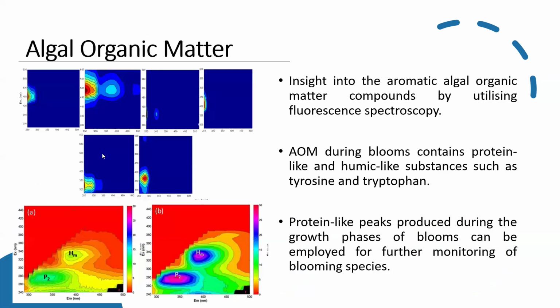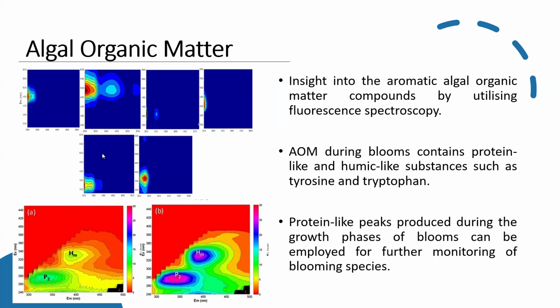Now, these research articles provide important insight into the aromatic algal organic matter compounds by utilizing fluorescence spectroscopy. The authors highlighted that fluorescence spectral analysis of algal organic matter during blooms contains protein-like and humic-like substances such as tyrosine and tryptophan. In the marine environment, algal organic matter accumulation varies based on the particular blooming microalgae species.